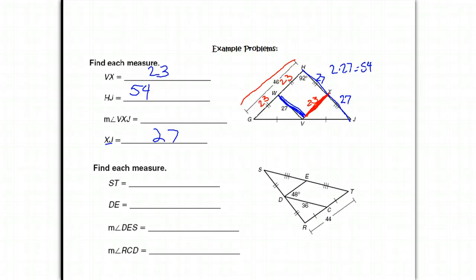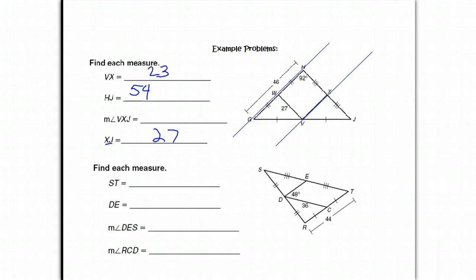And then we also have a little bit more that we know here. So let's try to figure out this angle measurement. Let me clear this off a little bit, and let's extend some lines to help us out here. We're trying to figure out VXJ. VXJ goes between these lines, and we know that these lines are parallel because they're a midsegment. VXJ is this angle right here.